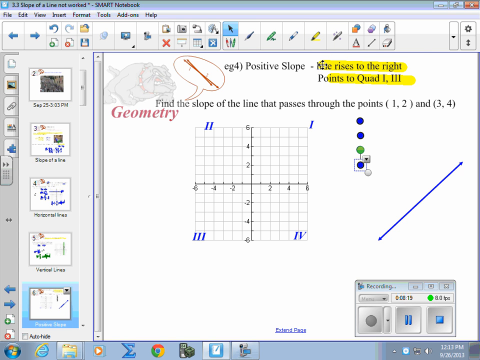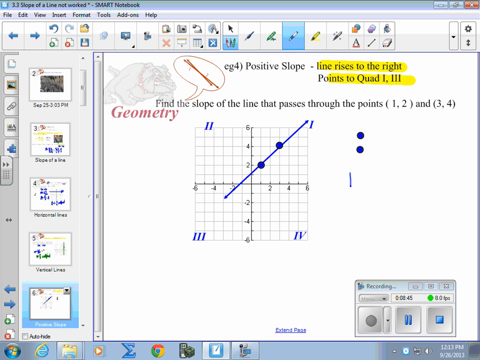Well, I'll tell you what, why don't we just go ahead and graph it. So we have a point at 1 and 2, and we have a point at 3 and 4. We have a line that looks like this.